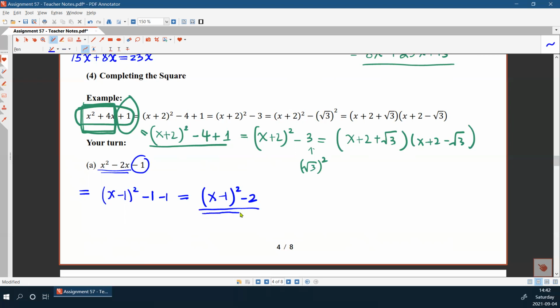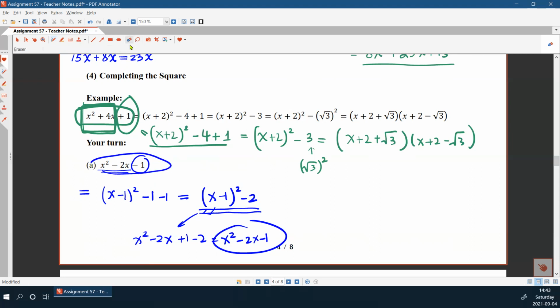Also, I strongly recommend you to verify if this is correct. If you verify this, this is x squared minus 2x plus 1 minus 2, which is x squared minus 2x minus 1. This should be the same as the original expression, right? So that means our solution is correct to this step.